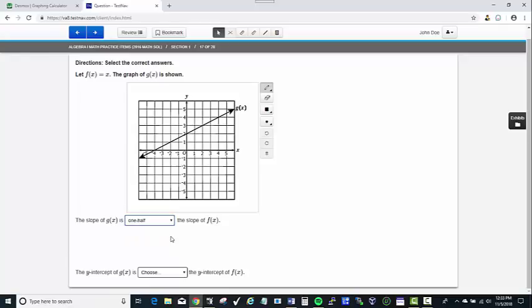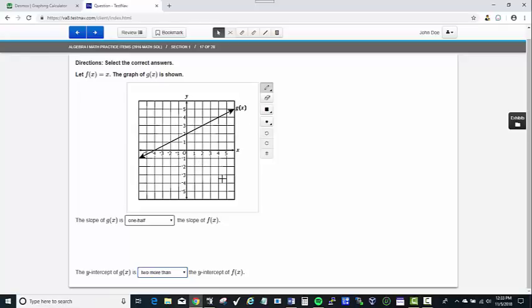The y-intercept of g of x is 2 here. We see that. The y-intercept of f of x is at 0. So that means that the y-intercept of g of x is 2 more than the y-intercept of f of x. It's not twice because it's 0.